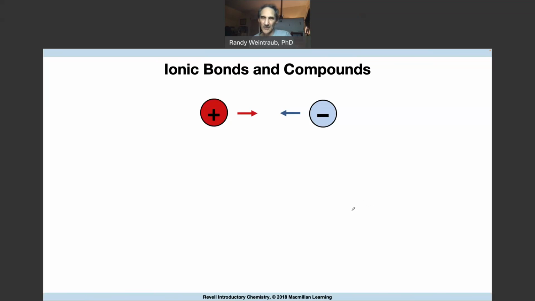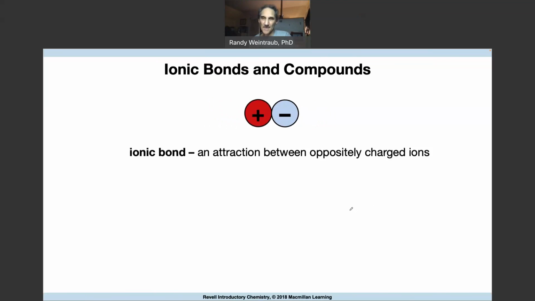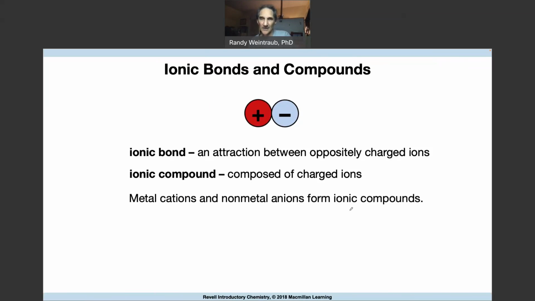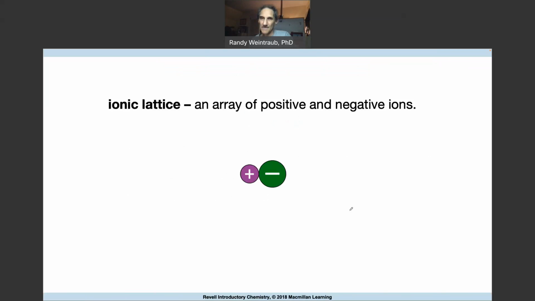A compound composed of oppositely charged ions is an ionic compound. These ionic compounds contain metal cations and nonmetal anions. Ionic compounds contain many cations and anions joined together, forming the ionic bonds.